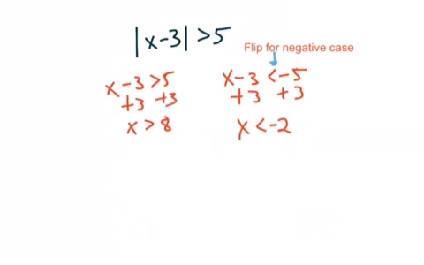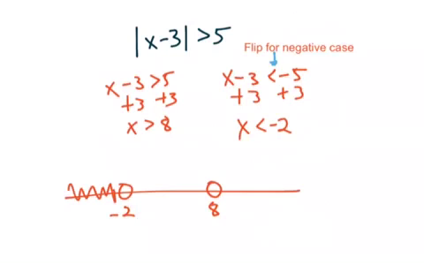So we have the same boundaries on the number line, negative 2 and 8, but this time we're either less than negative 2, so we're graphing it this way, or we are greater than 8, where we're shading it dark. So we see that we have an OR problem because we're either going one way or we're going the other way. We can't go in opposite directions at the same time.